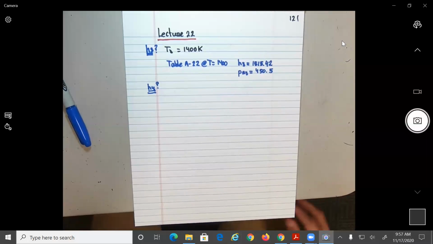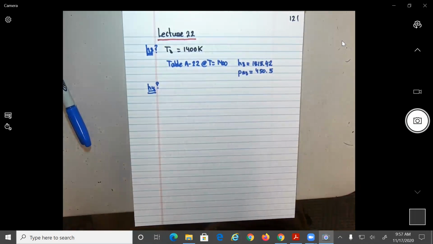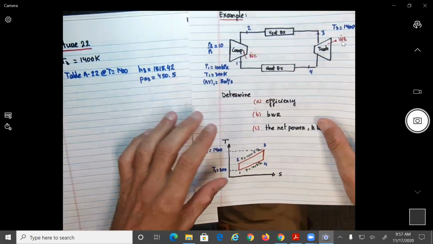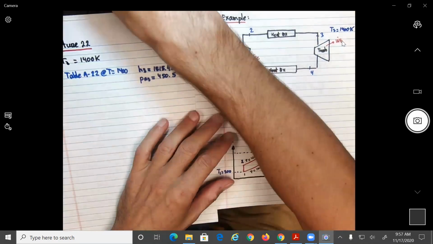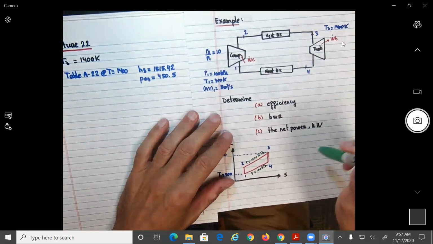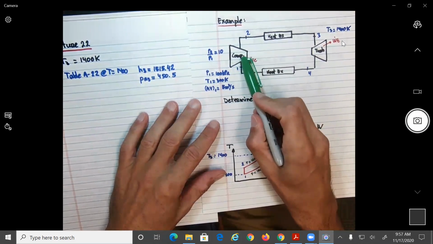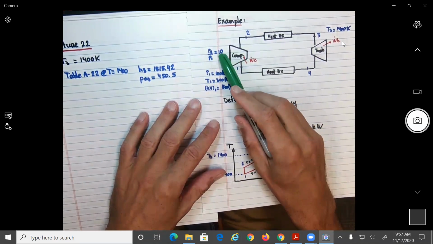All right, so we need to know something to do the problem. Over here, what's happening is that they're assuming, they don't tell us in the problem statement, but once you get from point 1 to point 2, what you're doing is setting the compression to a ratio of 10.